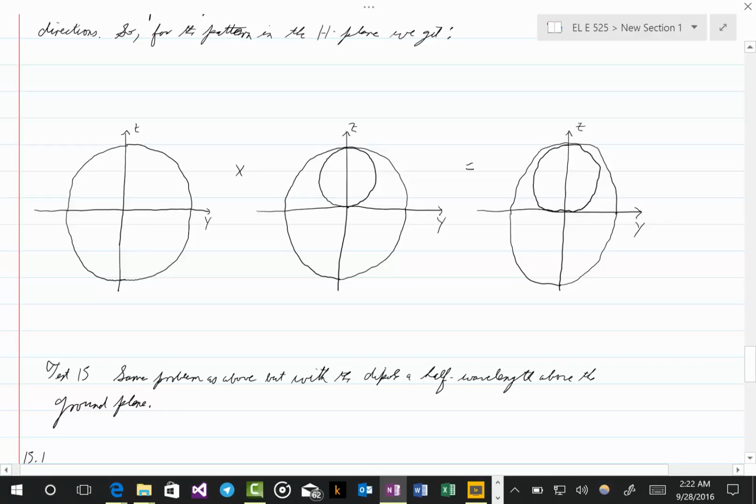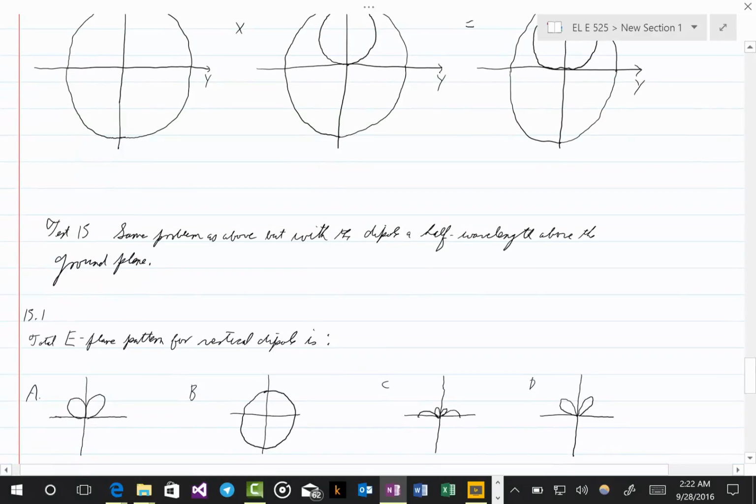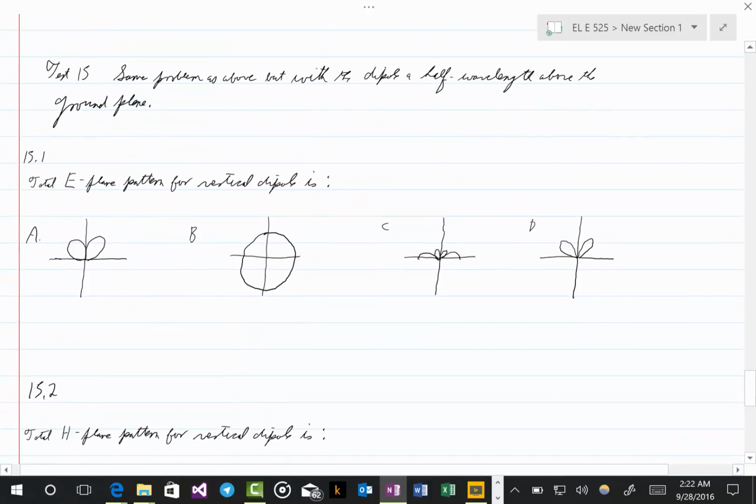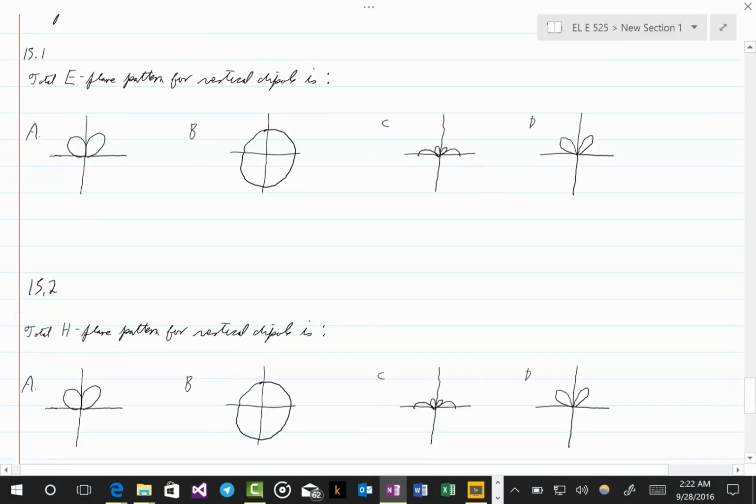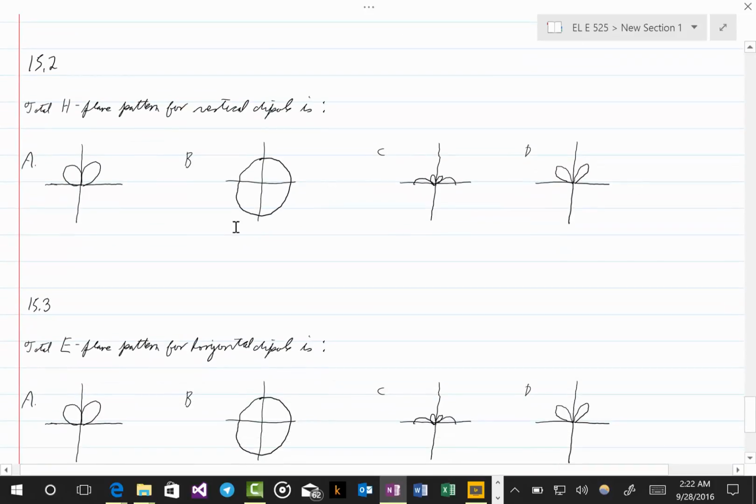And so to be specific then, in problem 15.1, you want to find the E-plane pattern for a vertical dipole. That is, of course, half a wavelength above the ground plane. In 15.2, you want the H-plane pattern for that same vertical dipole. In 15.3, you want the E-plane pattern for a horizontal dipole, half a wavelength above the ground plane.